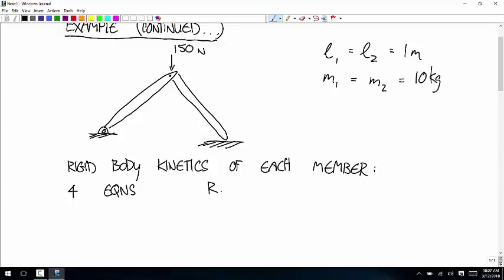That was rotational Newton's second law for member, let's call this member 1, member 2. This is A, B, and C. Our 4 equations were rotational Newton's second law for body 1. And then for body 2, we had Newton's second law and rotational Newton's second law.